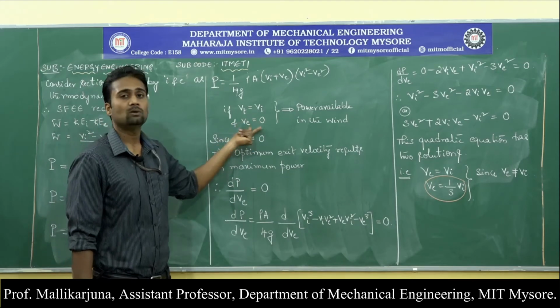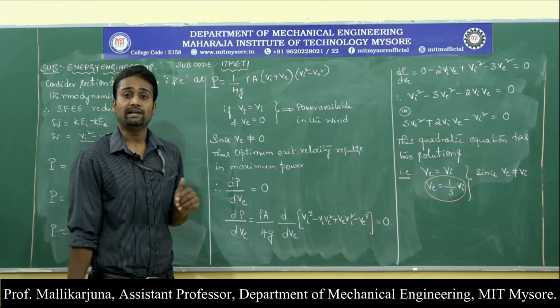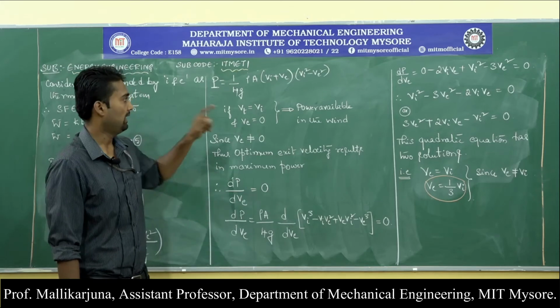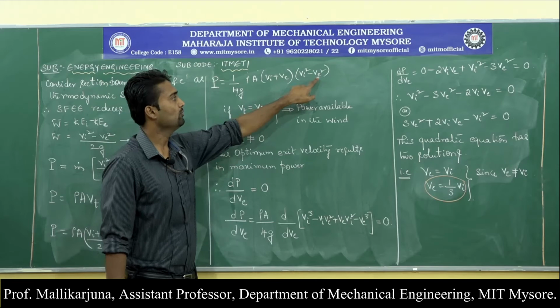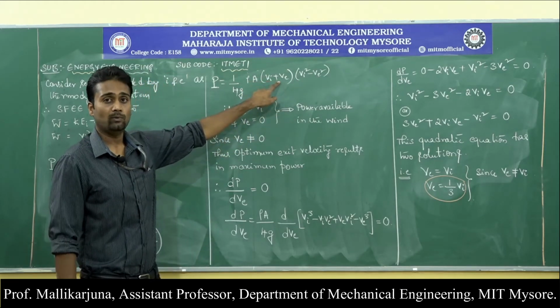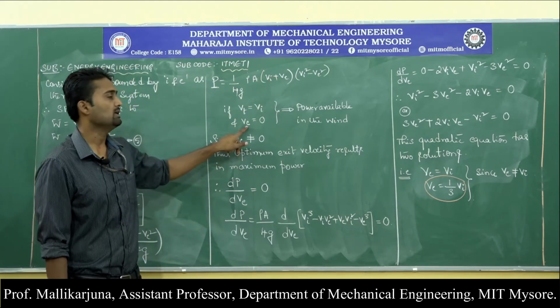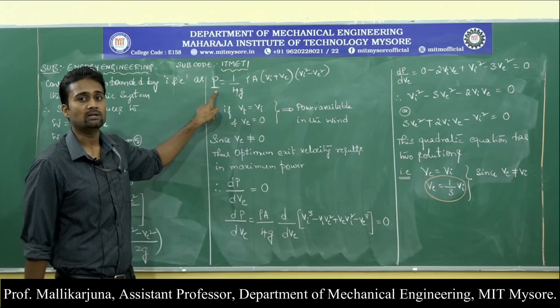If the velocity is 0, that means all the wind has to accumulate at the end section, the outlet portion. That is not possible. And if you look at Ve in the equation, in one term Ve is negative and in the other term Ve is positive. Too high or too low values of Ve abruptly change the power developed by the wind turbine.